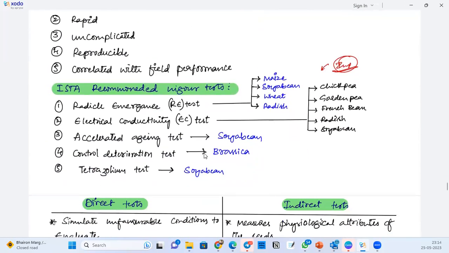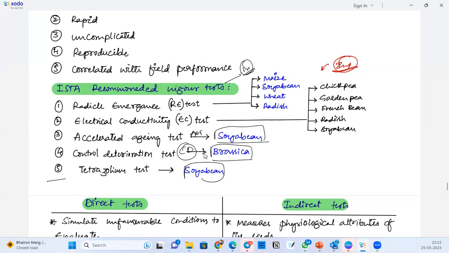Next is star recommendation. This would be very, very important for you to remember. There are a total of 6, or now it is 5, ISTA recommended vigor tests. One is radical emergence test, electrical conductivity test, accelerated aging test, controlled deterioration CD test, and tetrazolium test. Out of these 5, it is very specific to certain crops, so try to remember the crops.